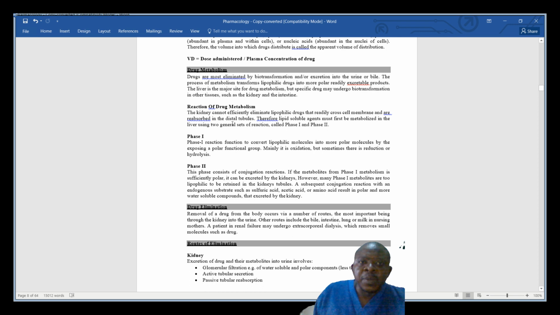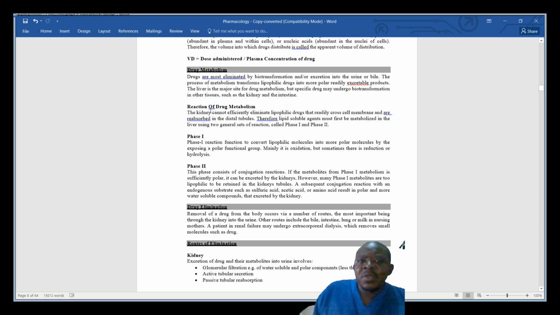The kidney cannot efficiently eliminate lipophilic drugs that readily cross cell membranes and are reabsorbed in the distal tubules. Therefore, lipid-soluble agents must first be metabolized in the liver using two general sets of reactions. These are called phase 1 and phase 2.